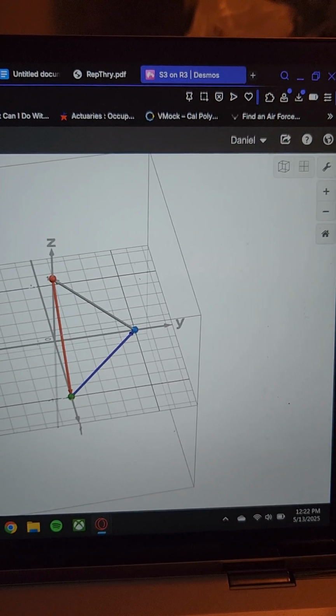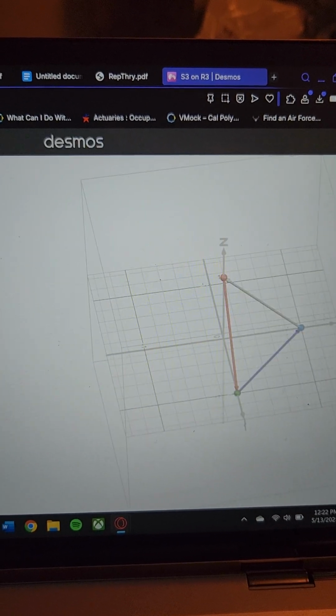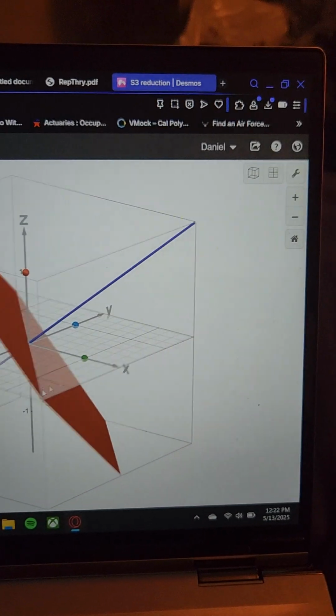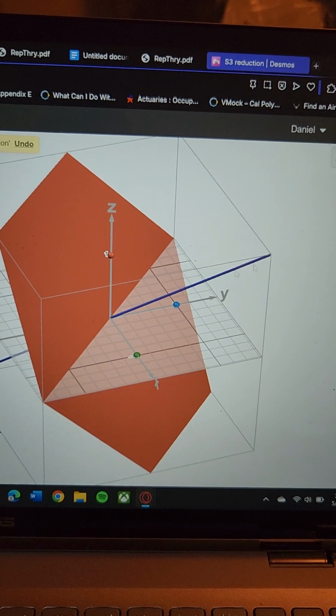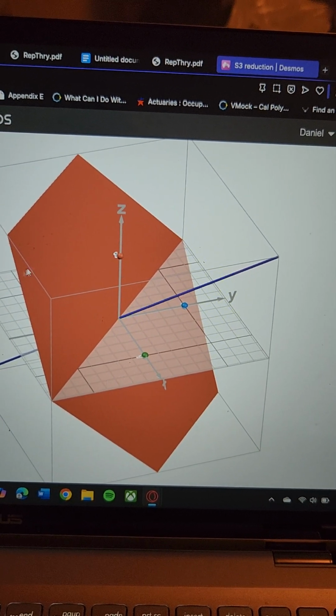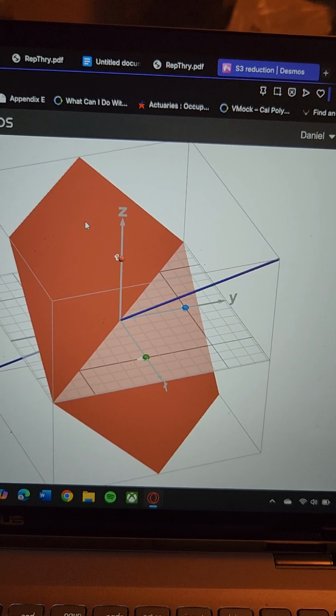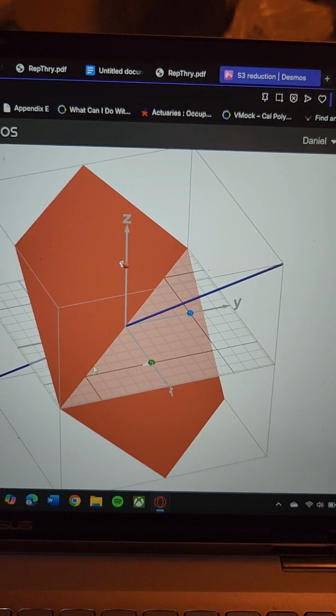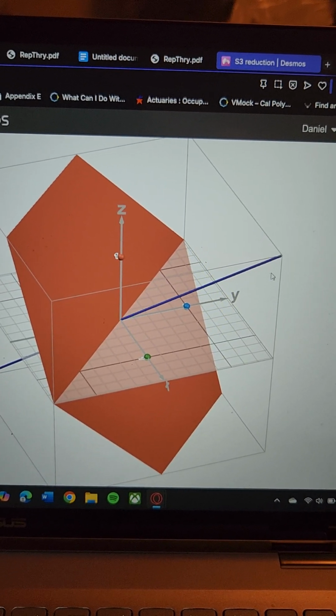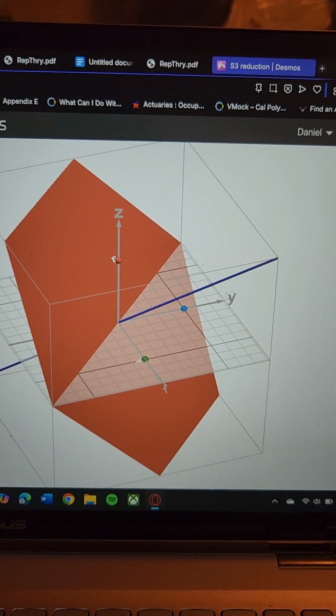The problem is in R3, this actually can be broken down into sub-representations. Namely, x equals y equals z, and this plane. X equals y equals z has every single action act upon it such that it's invariant. So it takes a point and it leaves a point inside the space. This plane, however, is also invariant.